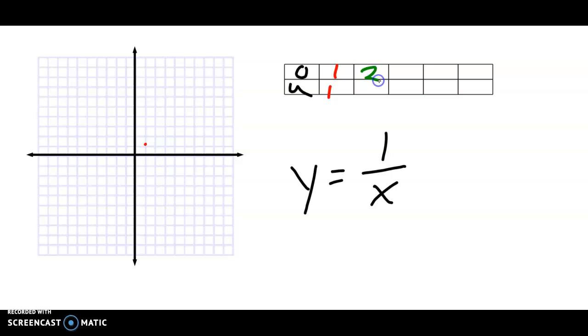What happens if I put a 2 in for x? Well, then that's going to give me 1/2. So it gets a little closer. And then the same thing's going to occur. We're going to get 1/3, gets a little closer, and then we're going to get a 4 in there, and that's going to be 1/4. So you can see as it approaches the asymptote, this yellow line being the asymptote, it's going to get closer and closer and closer, but never actually intercept that particular part.